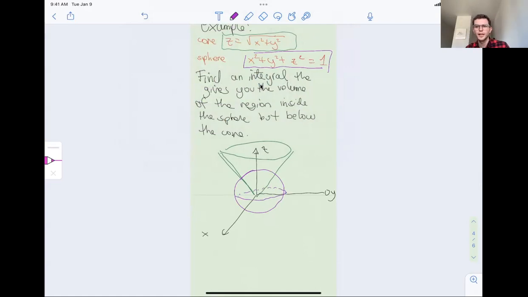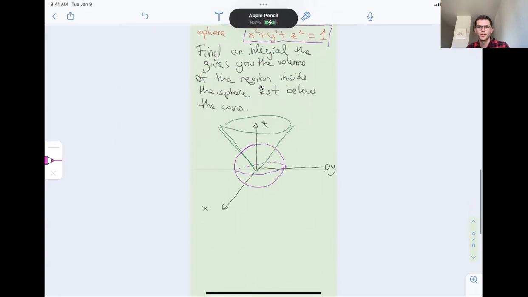Think of the sphere as an orange or an apple, and you are putting a cone on the sphere and using it to remove some piece of the sphere.